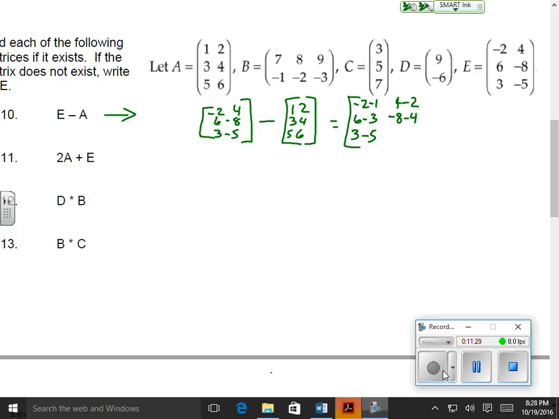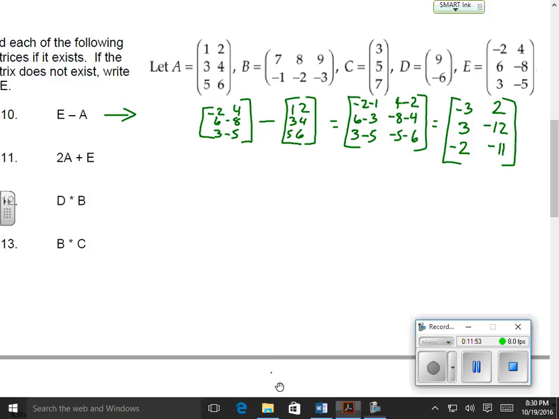And cell 3, 2 is going to be negative 5 minus 6, which becomes negative 3, 2, 3, negative 12, negative 2, negative 11. Let's double check that on our calculator and confirm that that's correct.